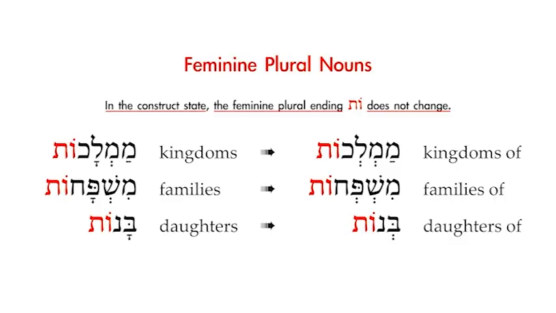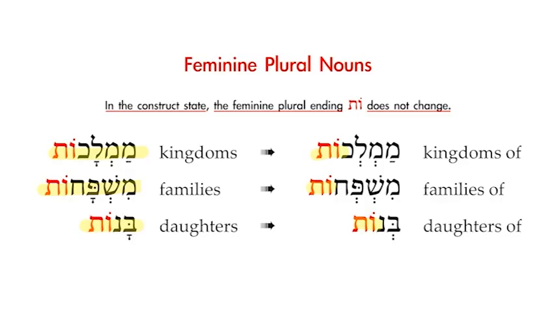So you can observe here with these absolute nouns, mamlakot, mishpachot, banot. You'll observe that in the construct state, the holem vav tav feminine plural ending is maintained in each of the forms: mamlechot, mishpechot, banot. You'll be able to identify these forms as construct nouns because of a slight change in spelling.